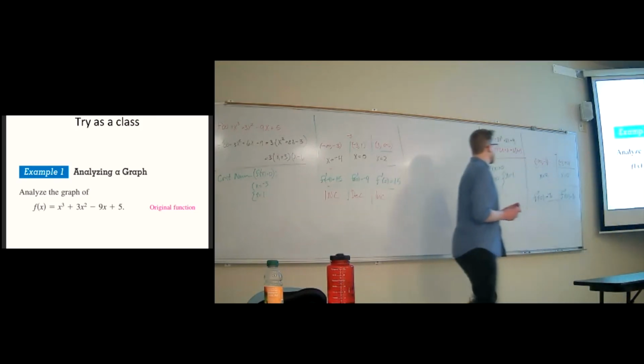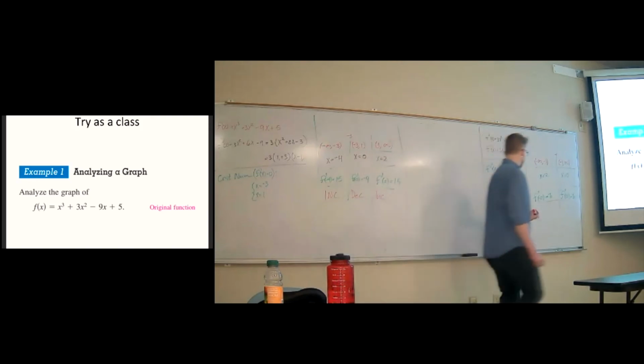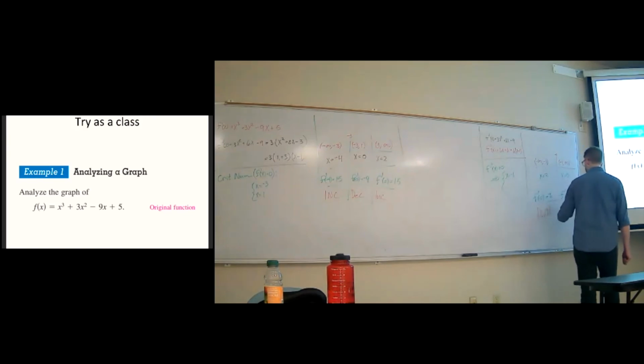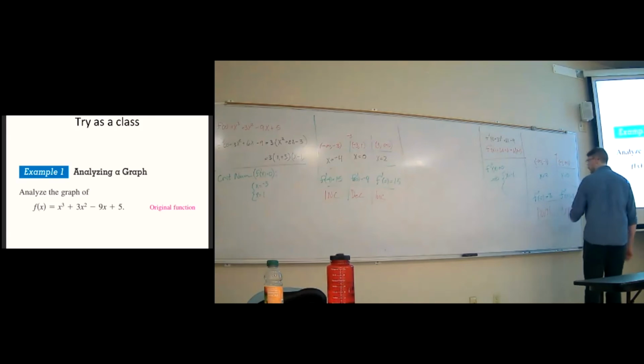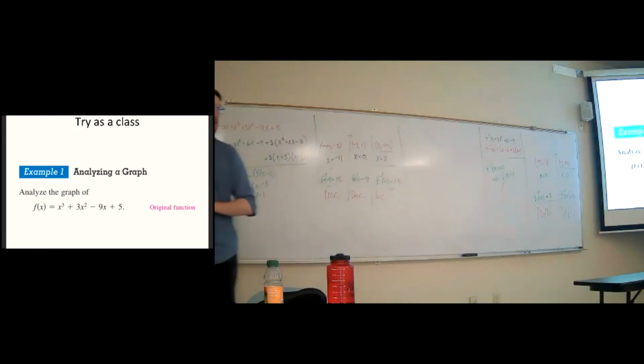So, are we concave up or are we concave down? And where? Concave down on the left, concave up on the right, or flip flop? Let's go with what you think. Concave down, concave up.